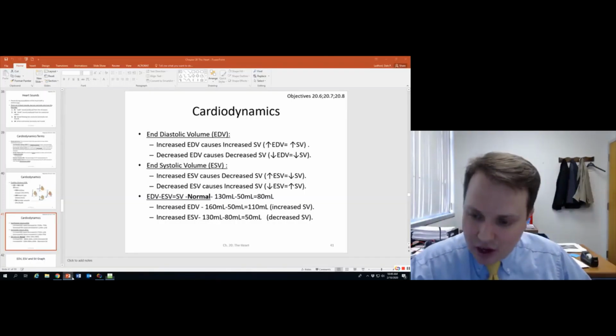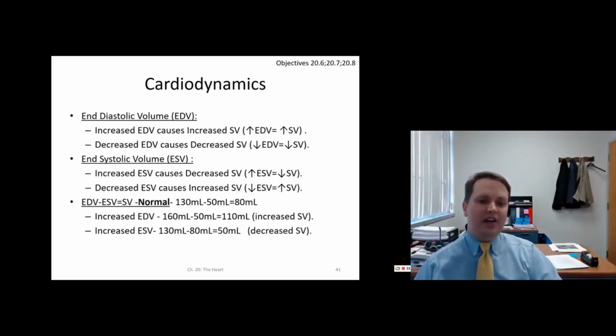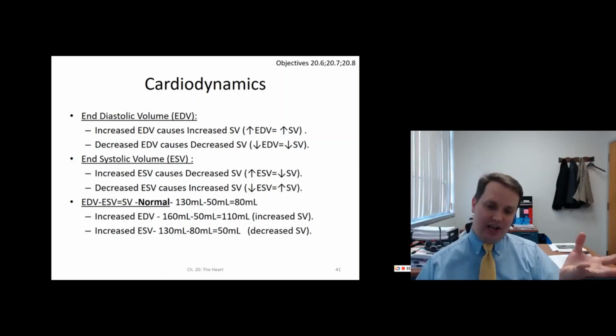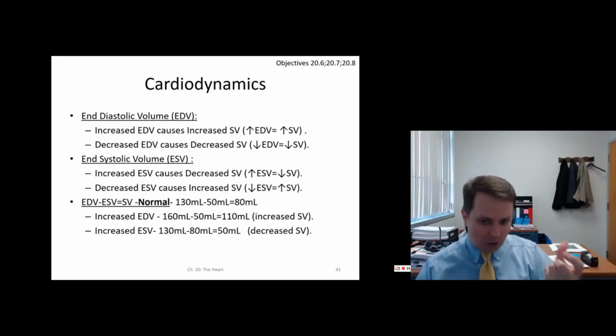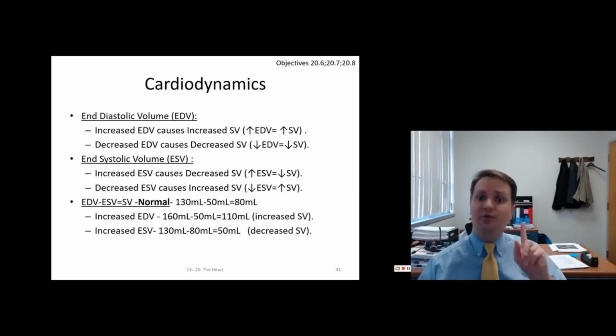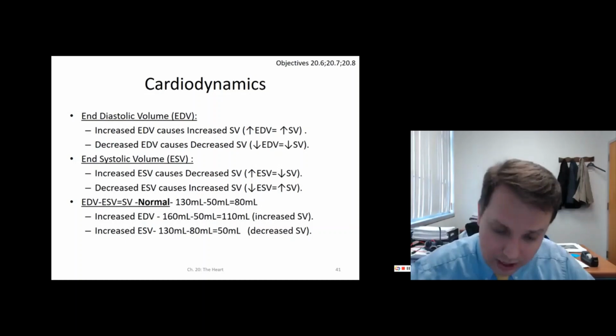So here you can see if EDV and ESV are normal, and if I increase the EDV or increase the ESV, mathematically, an increase in EDV increases a normal stroke volume from 80 to 110 mils. But an increase in ESV here decreased a normal stroke volume from 80 to 50. Okay? These relationships are very important to know and understand.